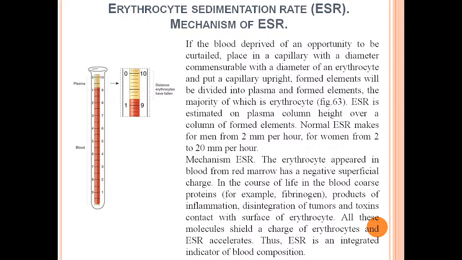In the course of life, in the blood, proteins, for example, fibrinogen, products of inflammation, disintegration of tumors and toxins, contact with surface of erythrocyte. All these molecules shield a charge of erythrocytes and ESR is accelerated. Thus, ESR is an integrated indicator of blood composition.